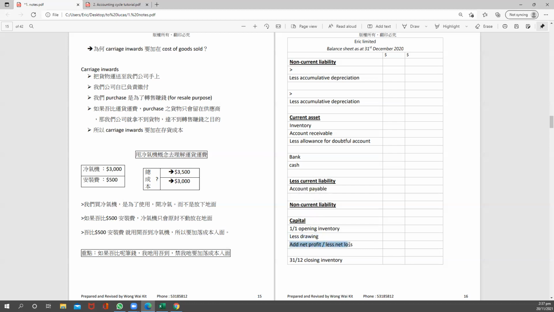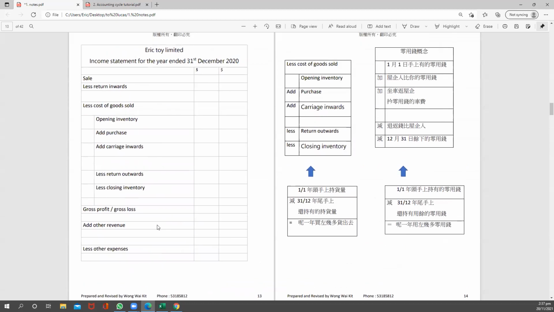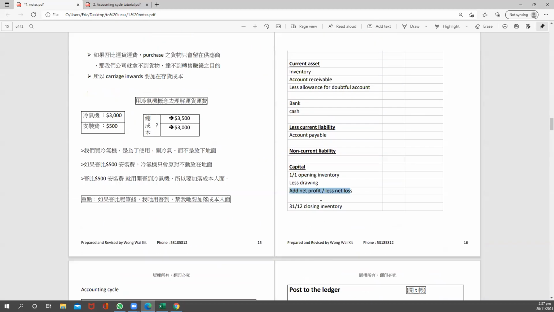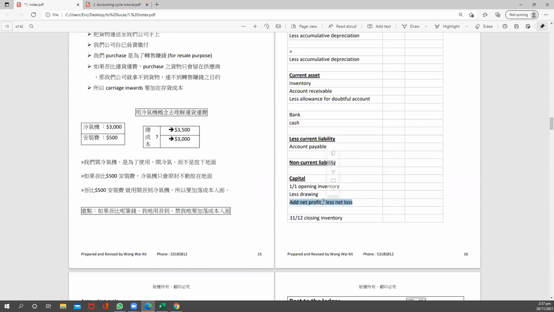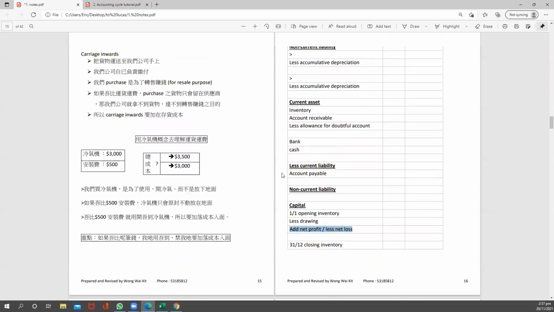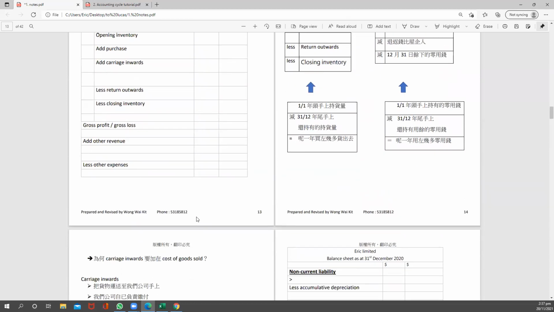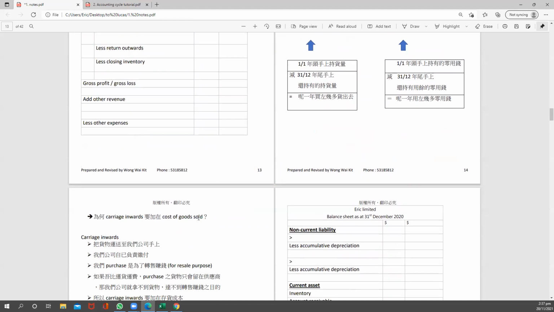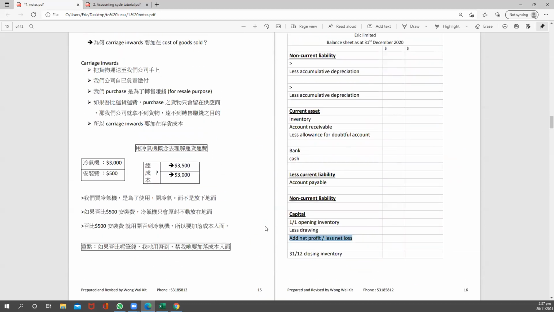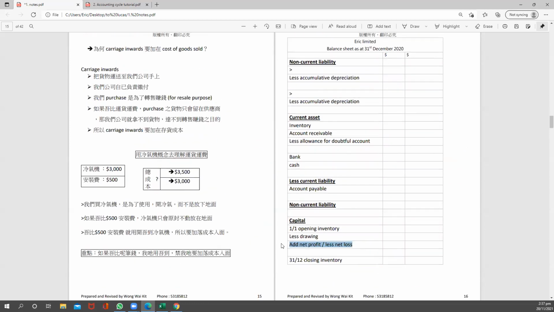Then add net profit and less net loss; you just calculate the amount from the income statement. So you can just ignore this one, because you seldom, or I would say never, calculate the net profit correctly. That amount must be wrong. I remember in my DSE, I couldn't balance the balance sheet.